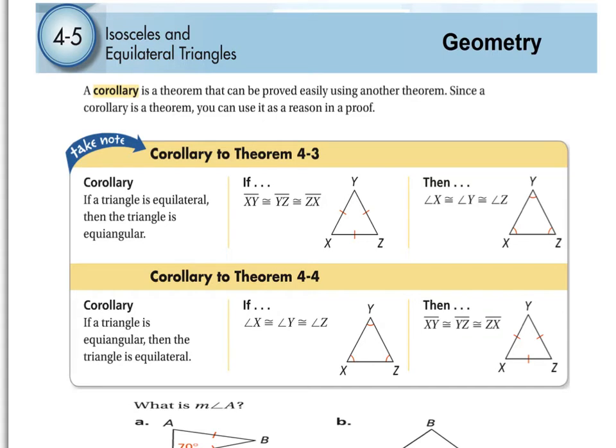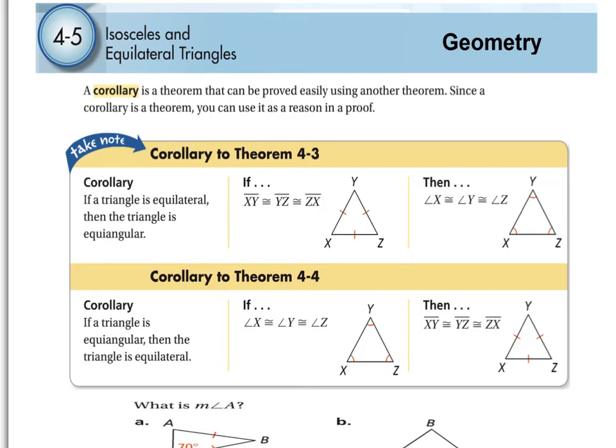A corollary, again, is terminology here. A corollary is a theorem that can be proved easily using another theorem. So essentially a corollary is an add-on to a theorem. Since a corollary is a theorem, you can use it as a reason in a proof. So again, these are two things that you'll want to put down in your tool belt.